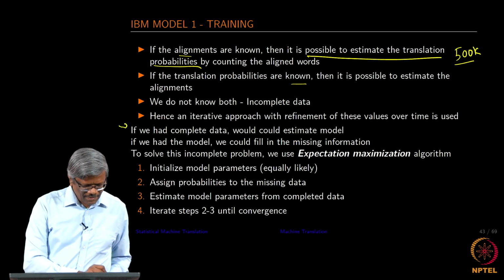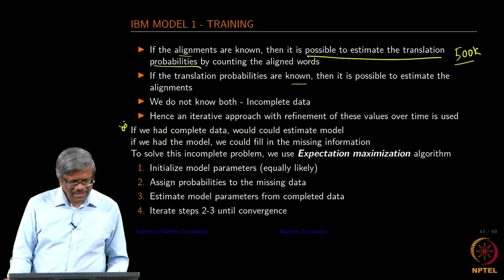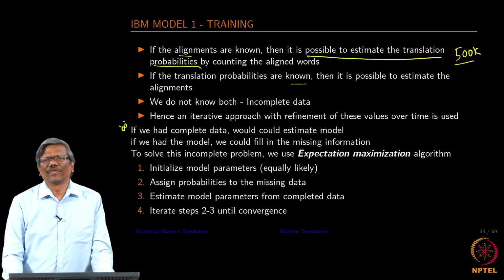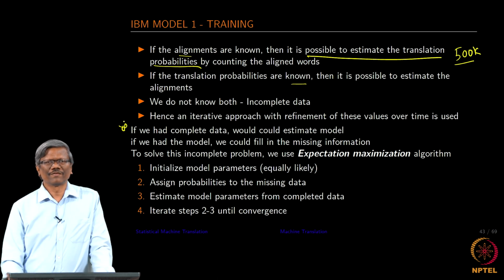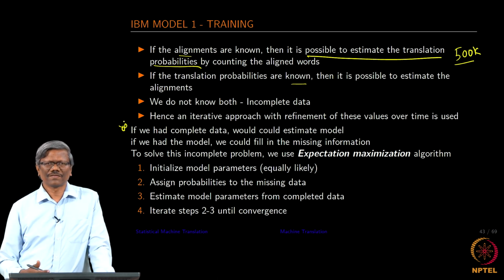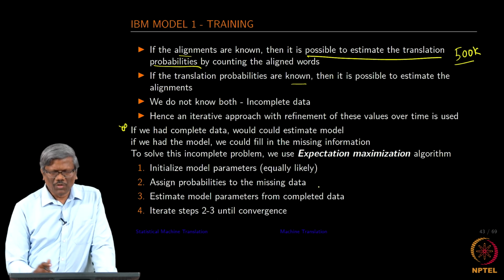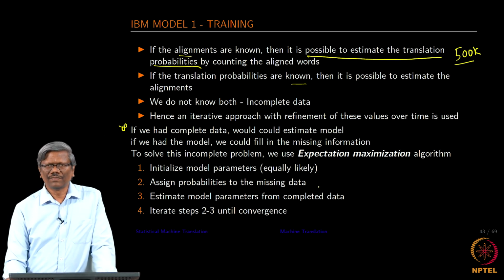So what we have is incomplete data. So we need to fill in the missing information as we go along in the iterative process, and then finally come out with the model that we can use to decode the incoming sentence. Okay.